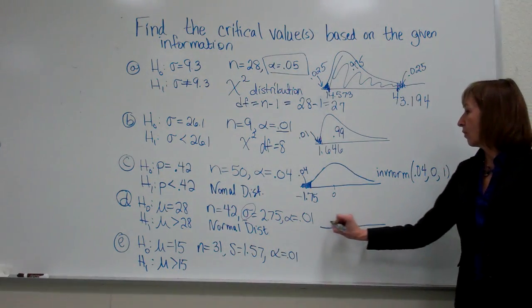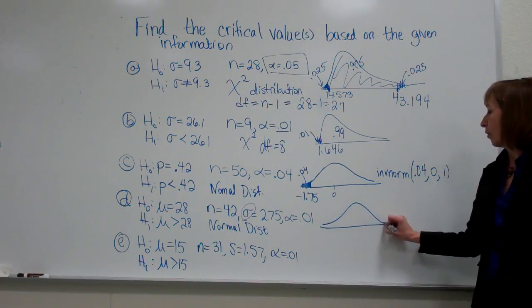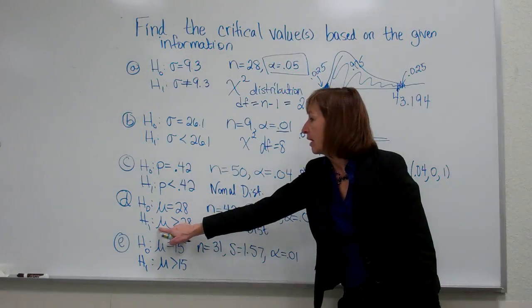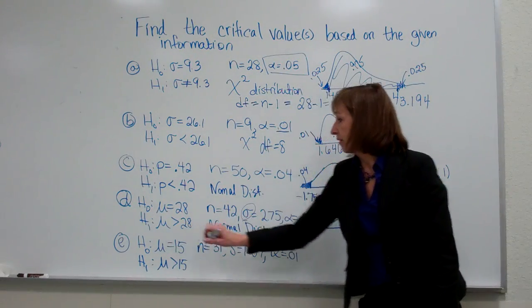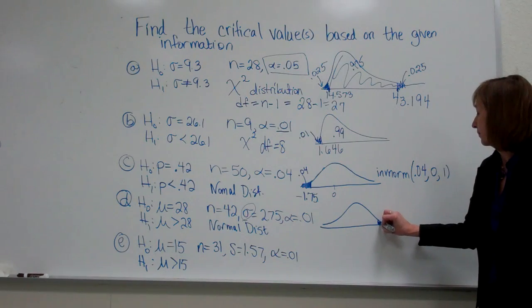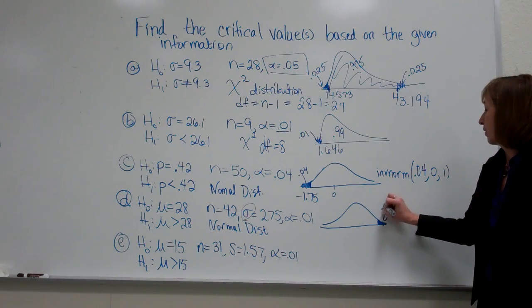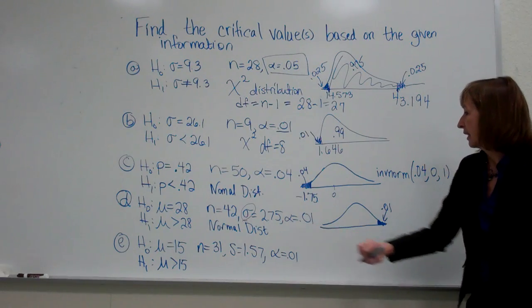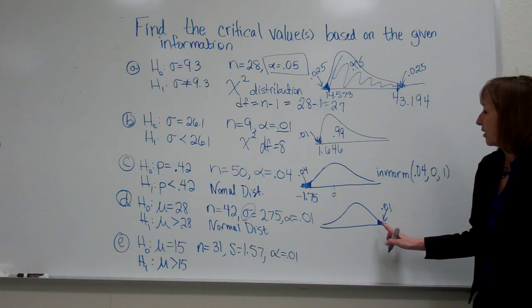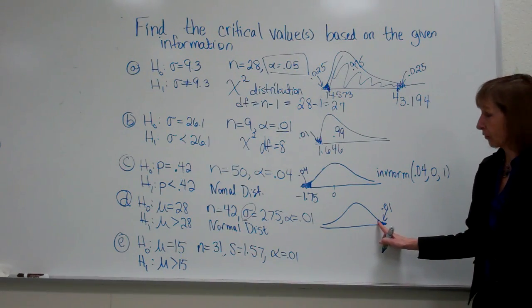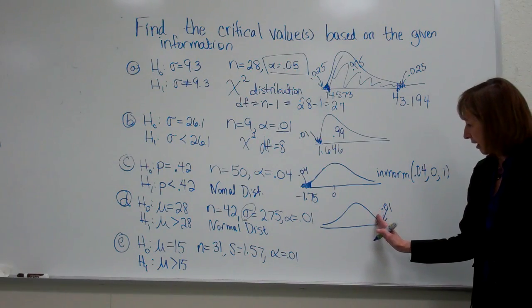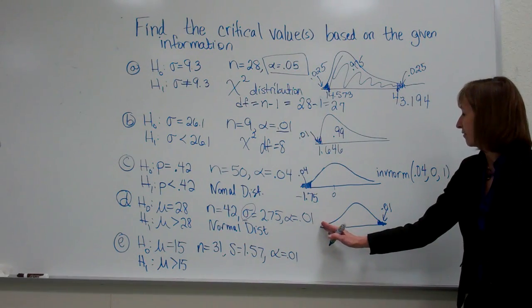So I'll again draw my normal curve. In my alternate hypothesis, it's a greater than, so it's a right tail test. My alpha is 0.01. And so I know that if I put this into the inverse norm, it's looking for the area from the cutoff forever to the left of that.